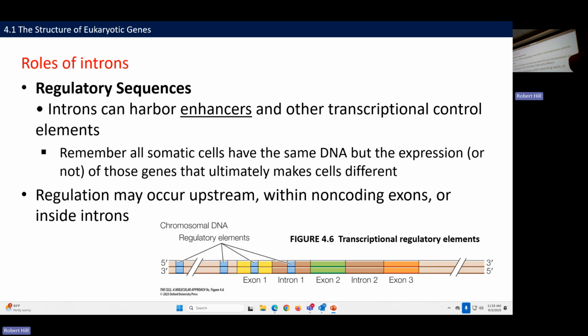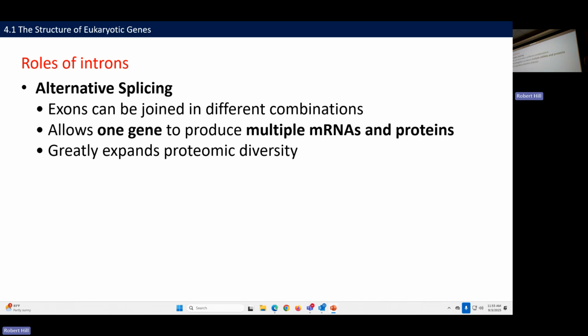They increase the level of transcription. These regulatory elements are ultimately what's responsible for alternative expression of genes, right? And for defining cells. We'll have a whole chapter on these regulatory sequences.